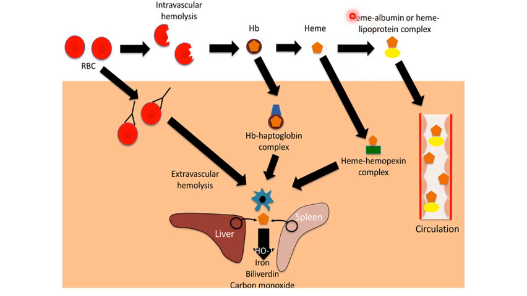While here the heme and the albumin go to the circulation and are excreted; the remaining part of the heme will become methemoglobin that will be released in the proximal tubule in the kidney.